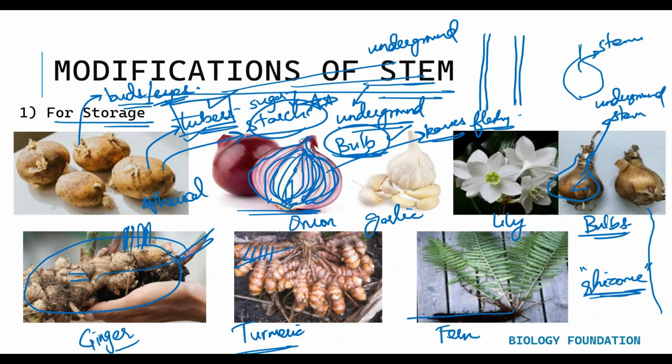Here clearly you can see nodes, internodes, and presence of axillary buds in turmeric, ginger, and even in the rhizome of fern. And presence of terminal buds can also be seen even in the bulbs of garlic, and axillary buds can be seen in potatoes, which we call eyes.